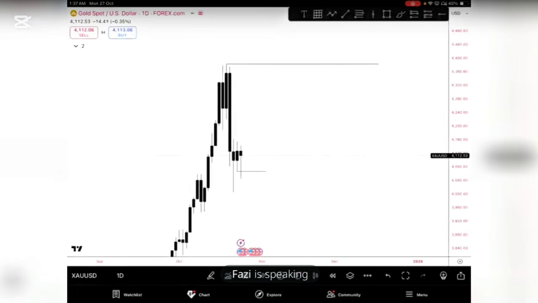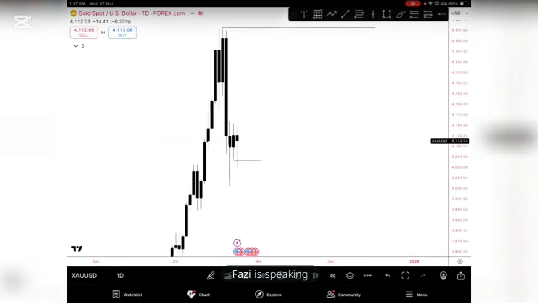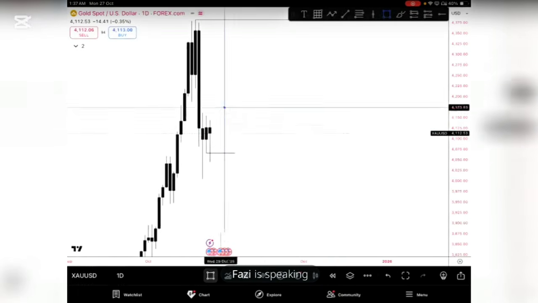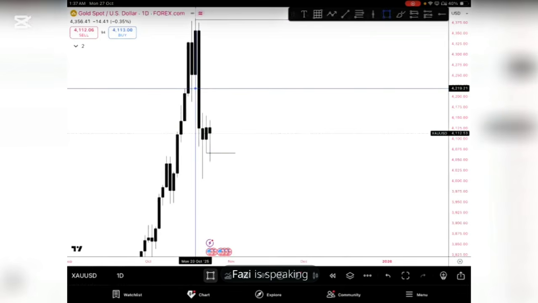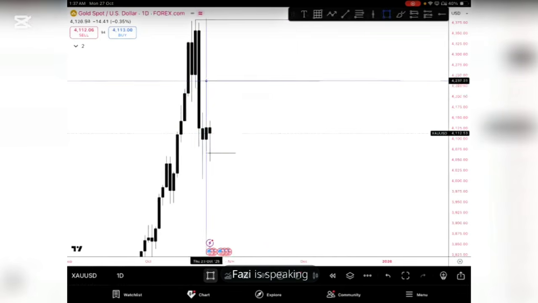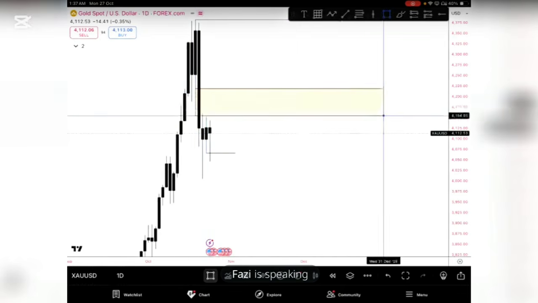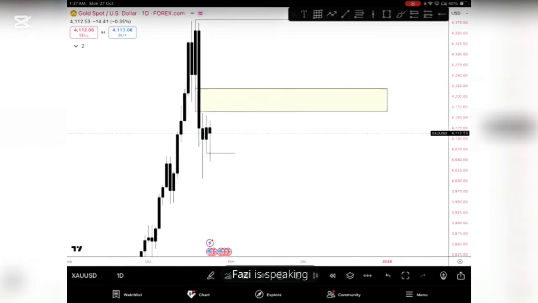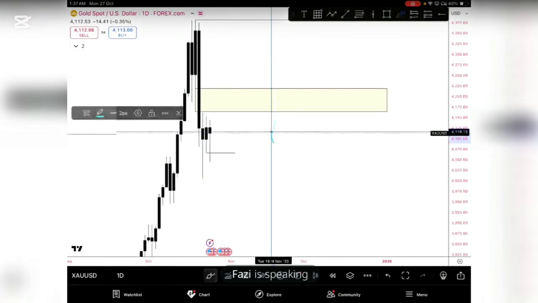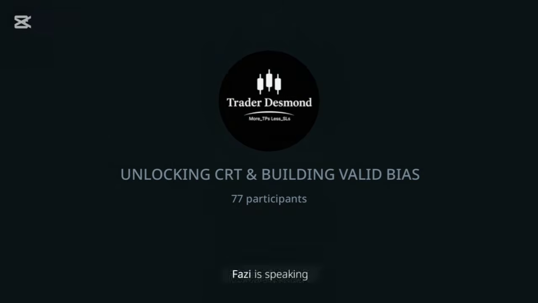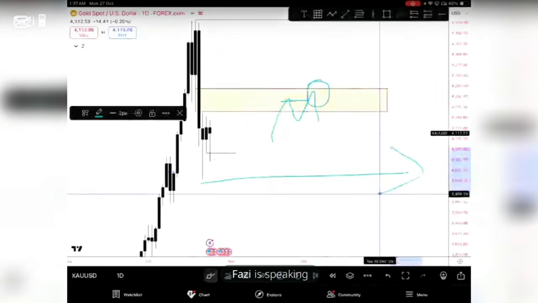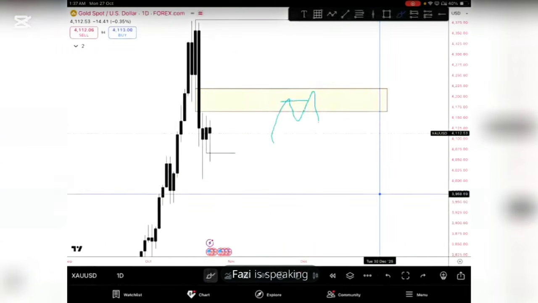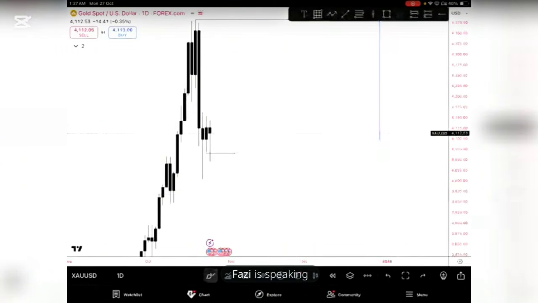Okay, so you need to monitor when the price comes to fill this imbalance. You need to see if you have any sweep inside this level. If you have a sweep, then the price comes to this level. If you don't have any sweep, then the price targets this level. Understand?